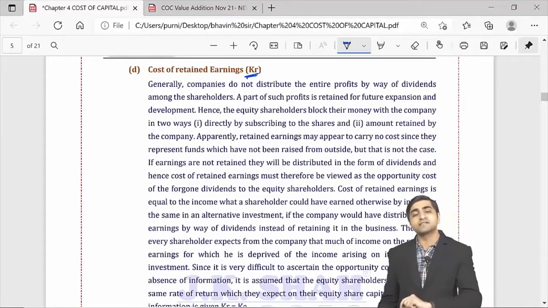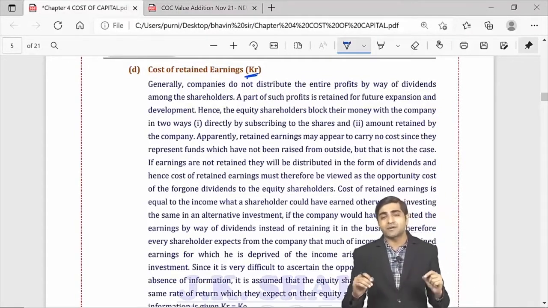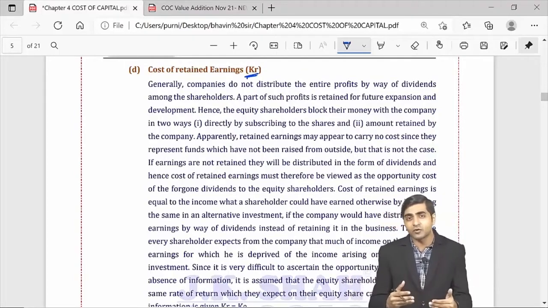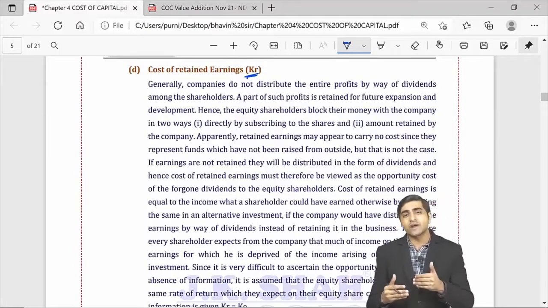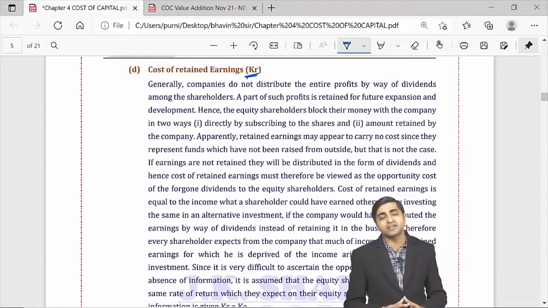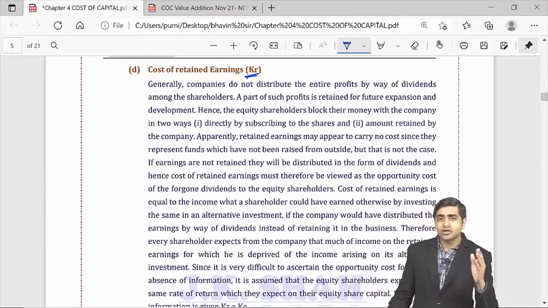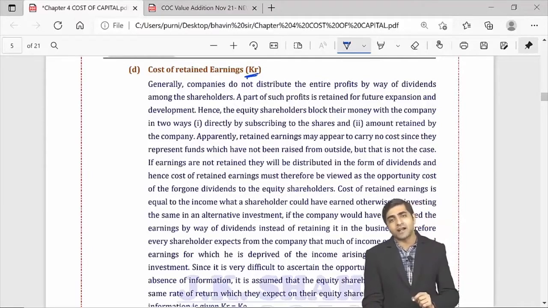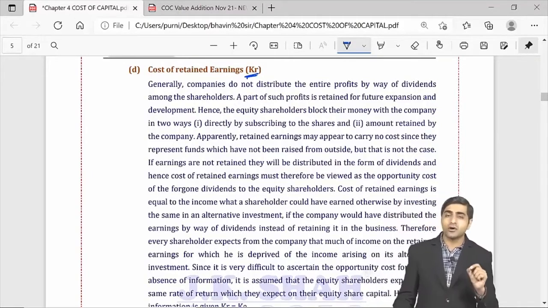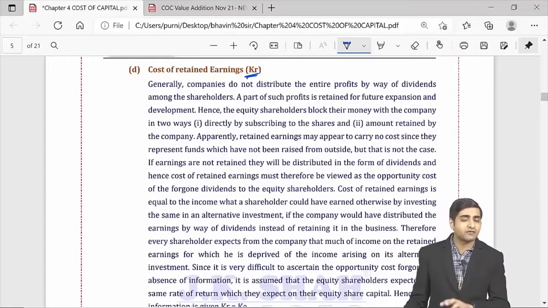But for cost of reserves and surplus, we never subtract flotation cost. So we always ignore the flotation cost. Share issue expenses are never taken into consideration while you are calculating your KR. But yes, your share issue expenses will definitely be subtracted while you are calculating your KE. So that is one of the differences which you have to understand.